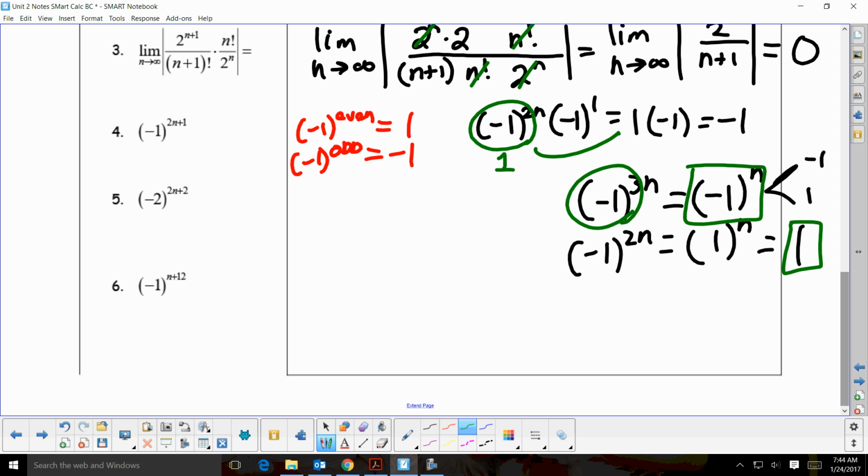Try number 6 with your buddies. Use that. What does negative 1 to the 12th become? 1, so I'm just left with negative 1 to the n.